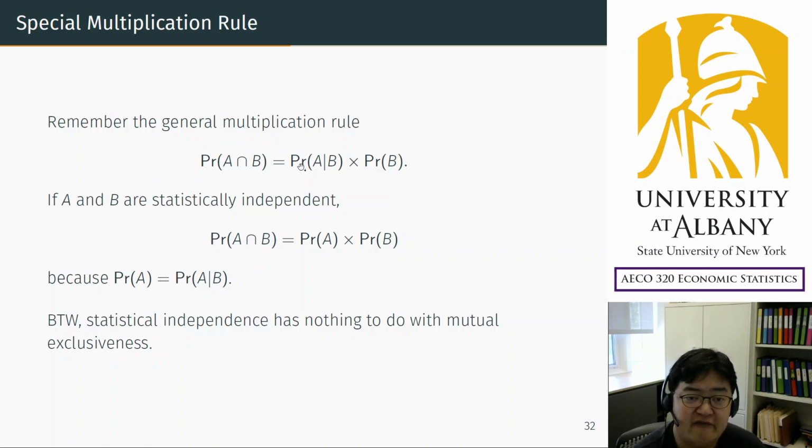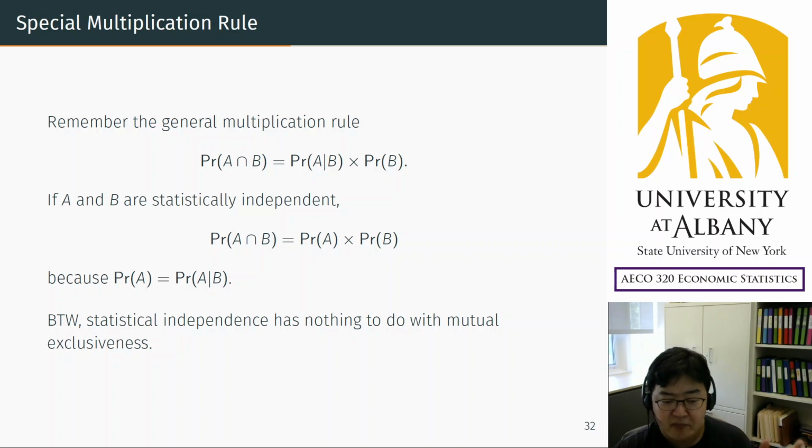But if you know that A and B are statistically independent, that means the conditional probability equals the unconditional probability. In the end, the probability of the intersection becomes a very simple multiplication of two simple probabilities. So this is a special multiplication rule.